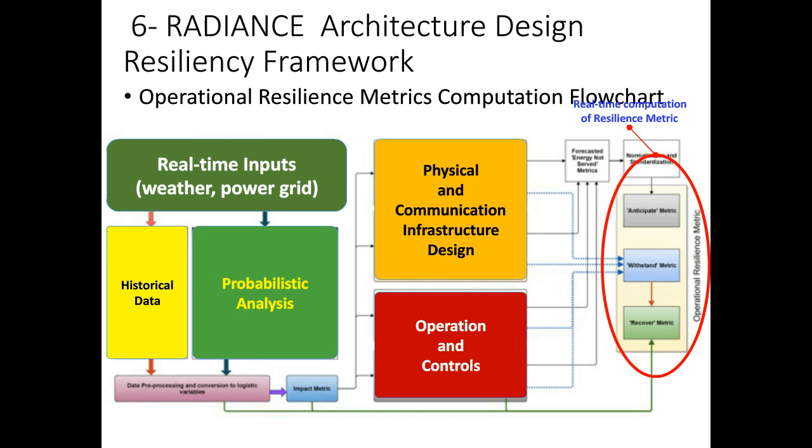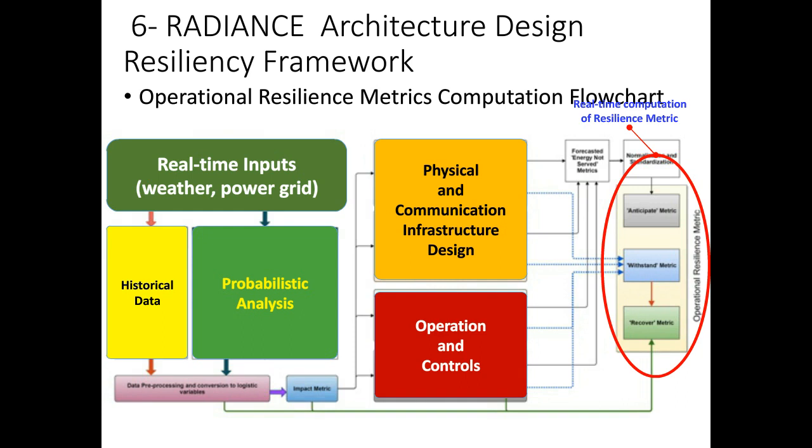So if you have a critical load such as a hospital or a command and control center, by looking at all the probability and the historical and the real-time data, it will make the optimum decision in order to decide how to reconfigure the system in the event of a fault and make sure that the system is up and running.